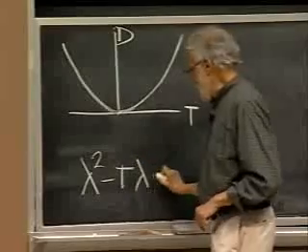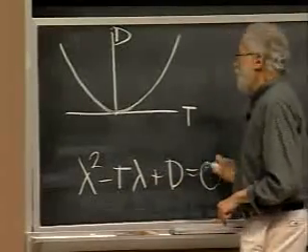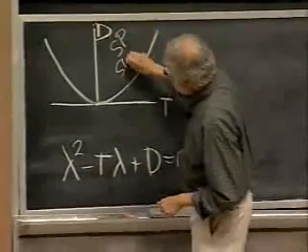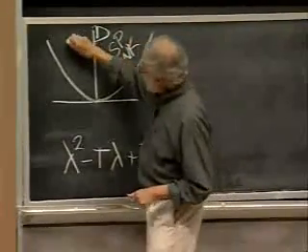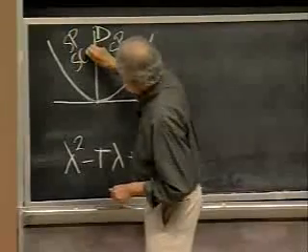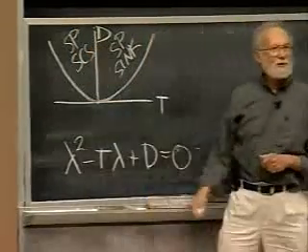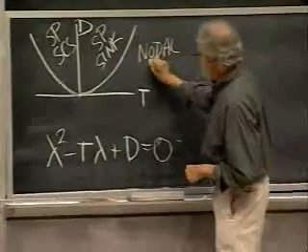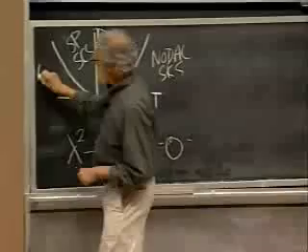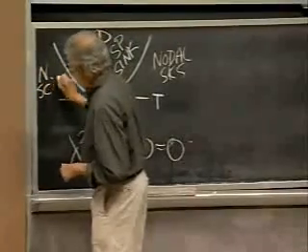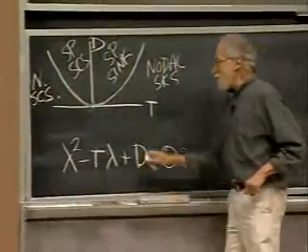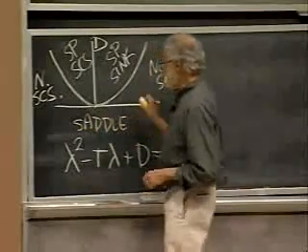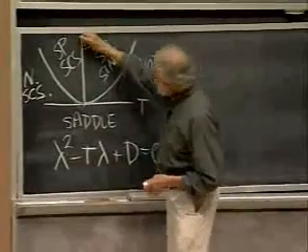Then these were spiral sinks. This was the region of spiral sources. These were nodal sources, nodal sinks. And down here were the saddles. And where were the centers? The centers were along this line.